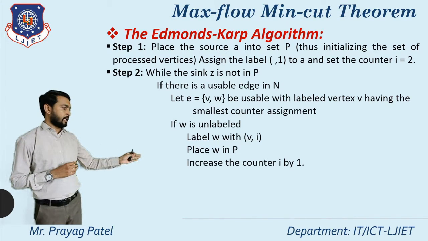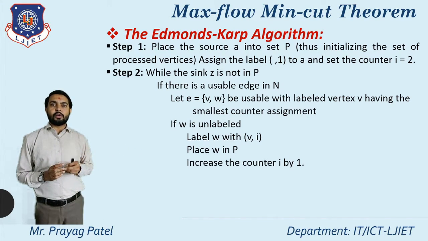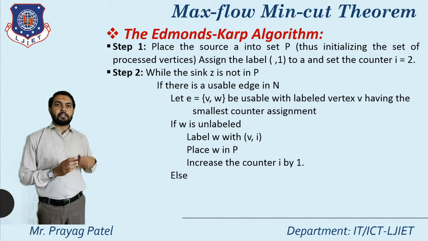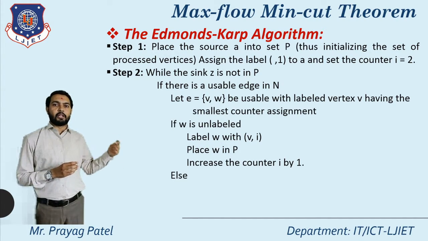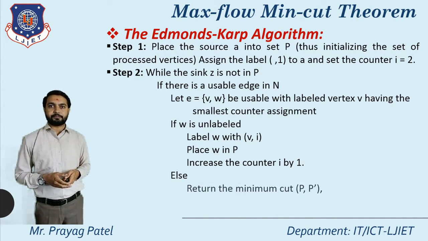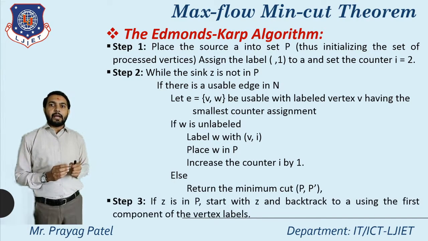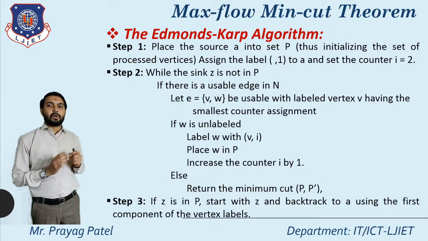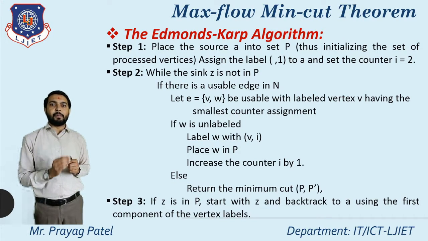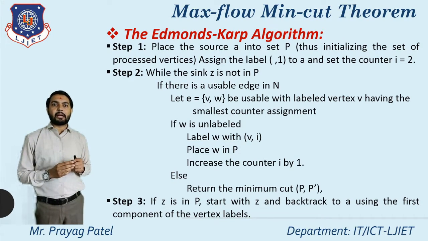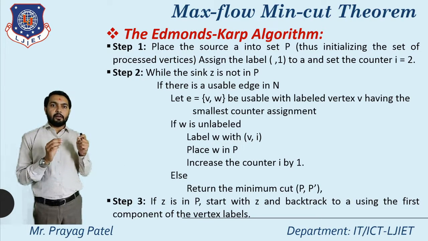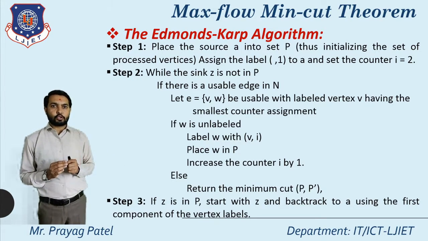After that, the next step is to increase the counter I by 1. So increase the value of I to 2, then 3, then 4, then 5, like this. Now the else part: return the minimum cut P, P dash. And the last step is step number 3. If Z is in P, start with Z and backtrack using A as the source node.